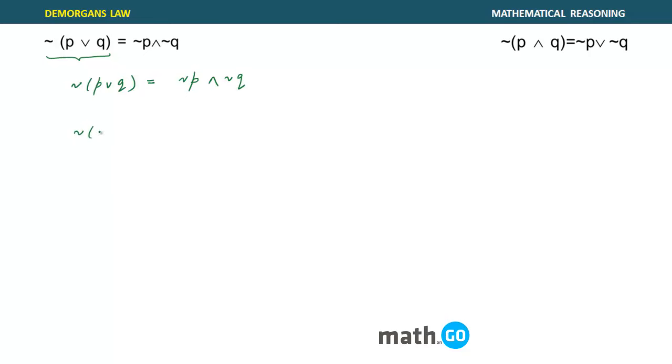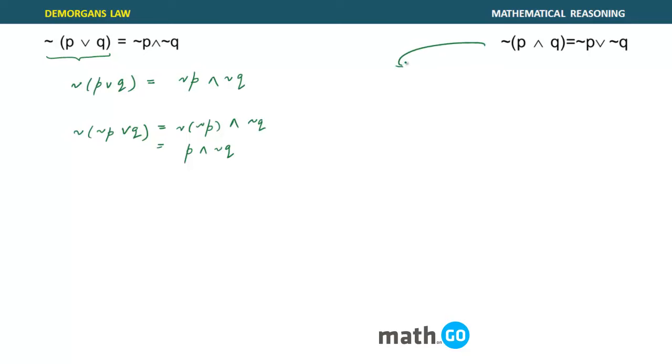For example, negation of negation P or Q: negation of negation P, intersection or sign, and then negation Q, which reduces to P and negation Q, since negation of negation gives you back P.